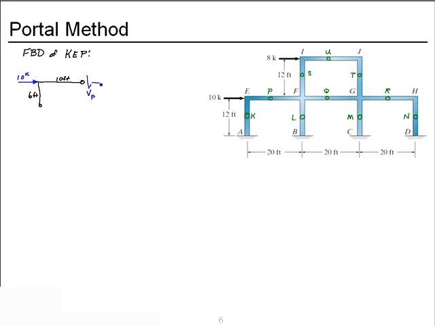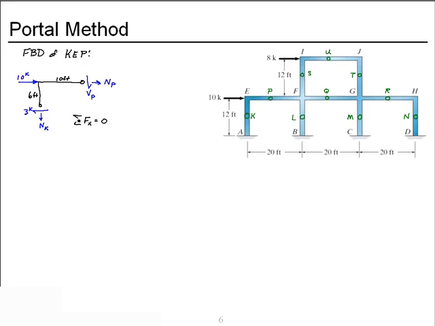Unknown shear at P, unknown normal at P. Our shear at K we already found to be a positive 3 kips, but we have an unknown normal at K. I won't need the normal in K to find the moment diagram for this girder, so let's focus on finding these 2 internal forces.